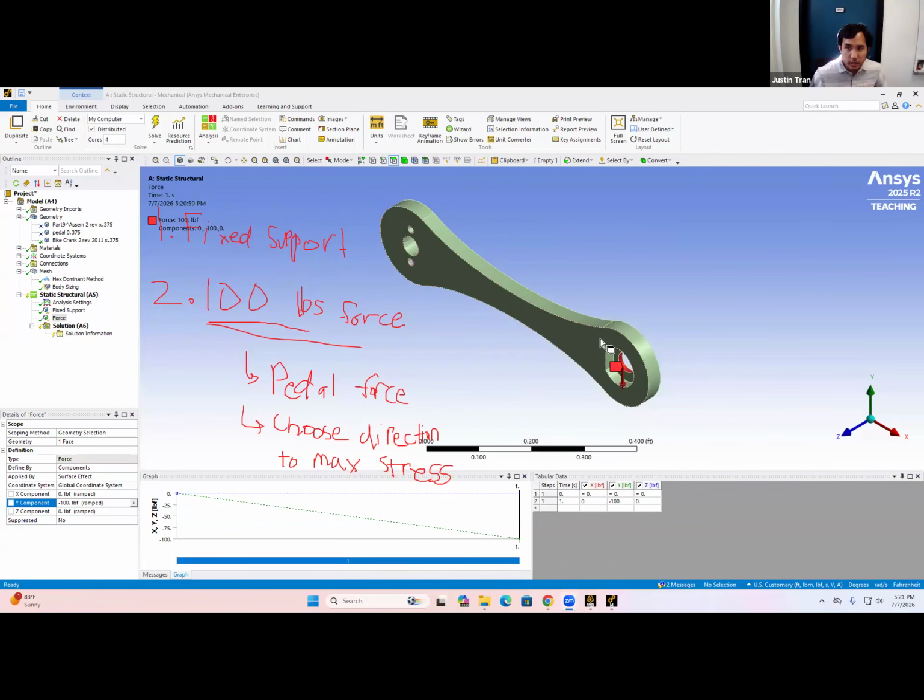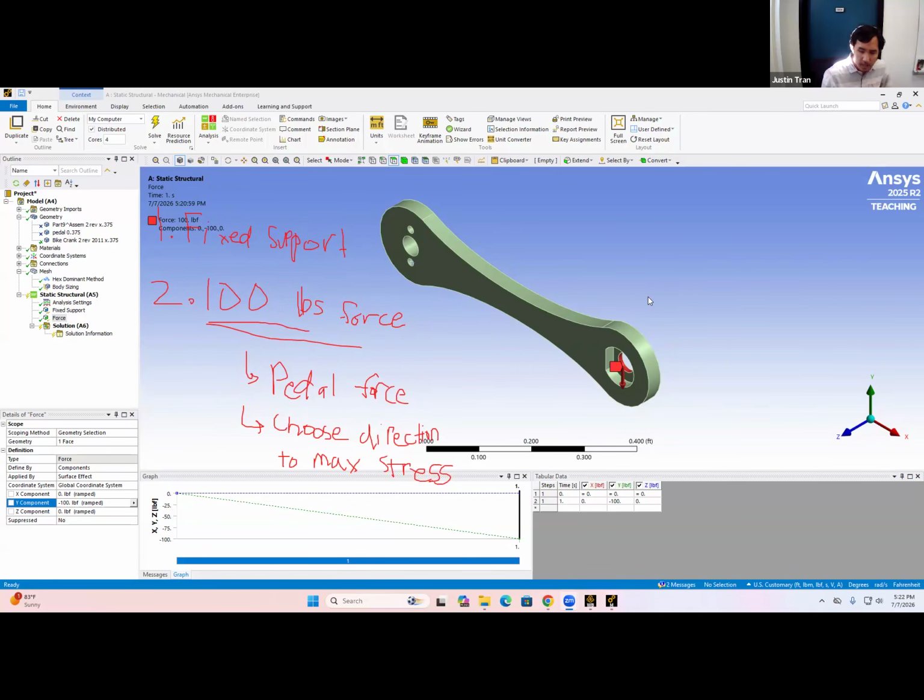By doing this, we're applying a bending force onto our bike crank. The other option you might have had is to put the force in the x direction, which would be either a tensile or compressive force. But tension and compression is never going to apply as much stress as bending.